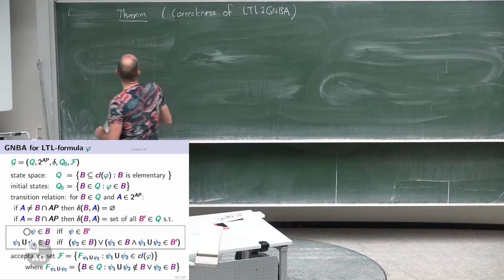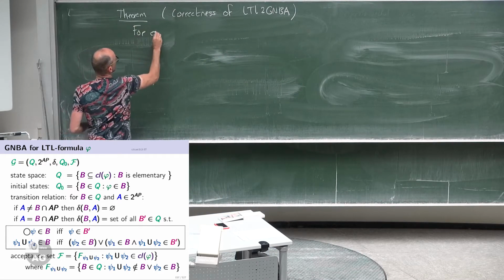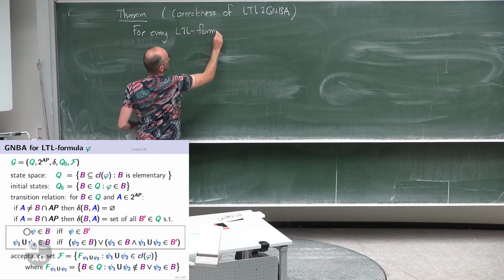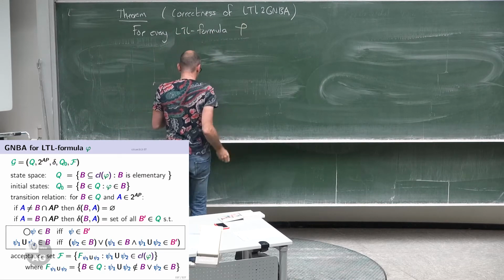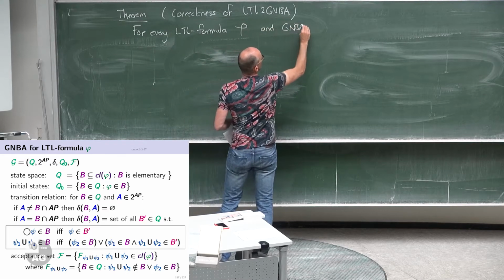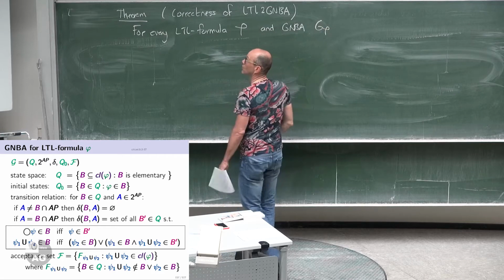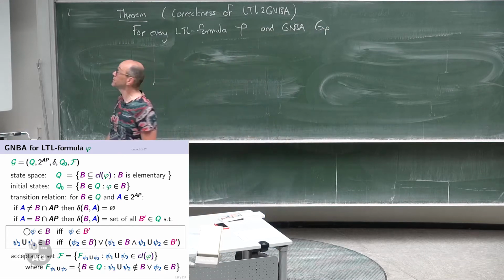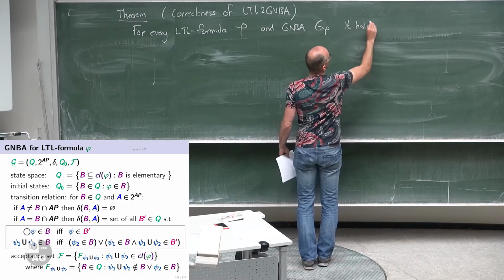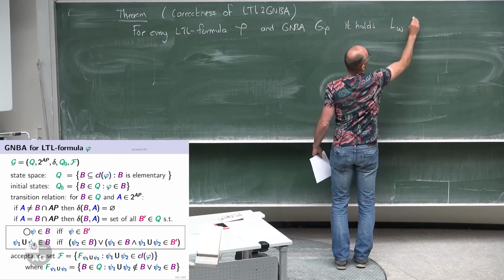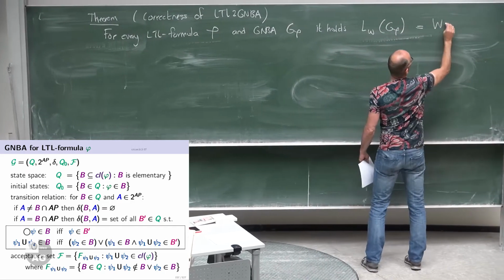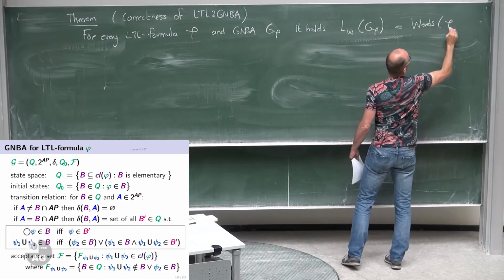For every LTL formula phi and GNBA G of phi, which is the one I just defined on this slide, it holds that the set of infinite words accepted by this automaton is exactly the words of phi.